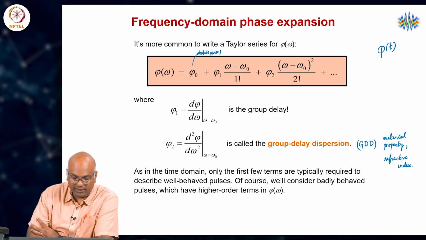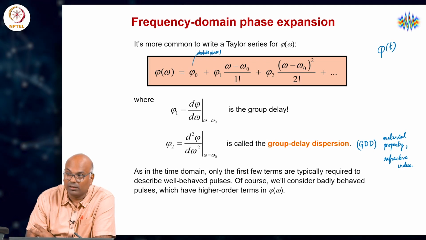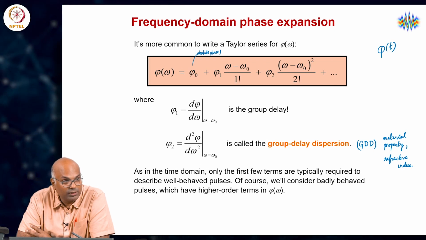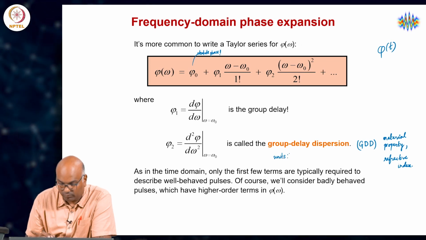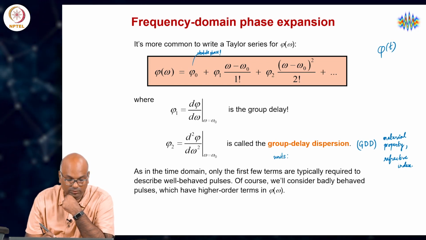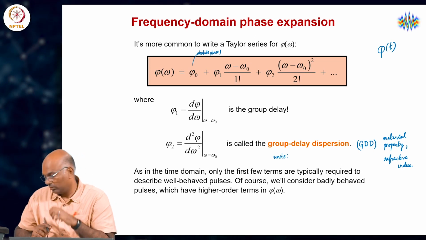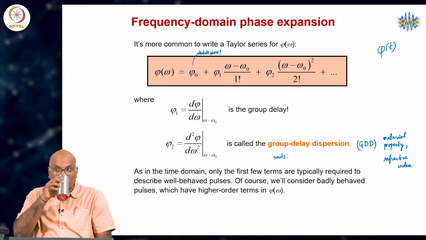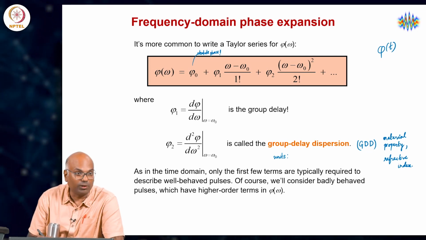So we can straight away see what the units of GDD are going to be. What do you think will be the units of GDD? Okay, let us do this sequentially. Units of phi are what?